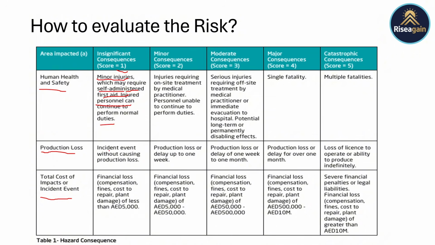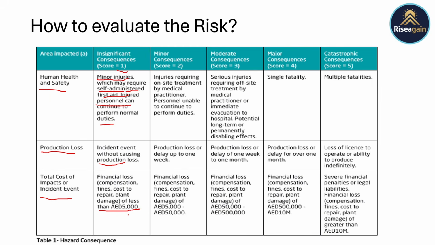But if there is an incident event without causing production loss, if it's related to production operations, construction or whatever, without causing a production loss, we can put 1, which is significant. And if that is financial, they have defined 5,000, but it depends on the organization.